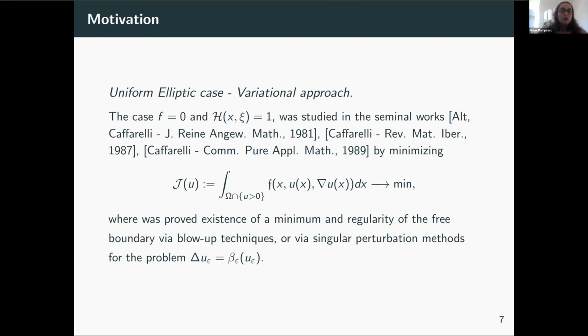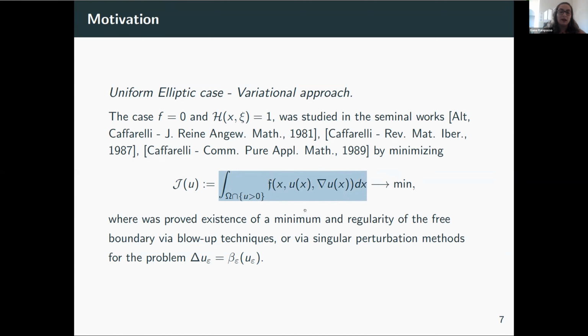In the uniformly elliptic case, for the variational approach, when the first term is 0 and H equals 1, we have the works of Alt and Caffarelli in 1981, and the works of Caffarelli in 87 and 89, where they studied this kind of functional.